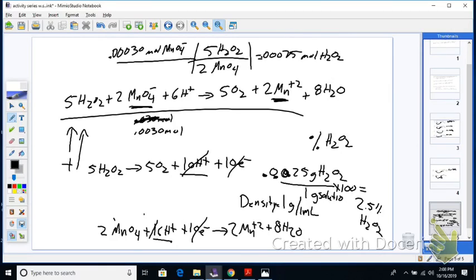You got 2.5. 2.53? 3.5%? How much did you add here? I think that was the one I added a little too much. Okay. So you probably want to use one where it kind of turned pink and you know you measured things out right. So you can throw things out. You don't have to average them.